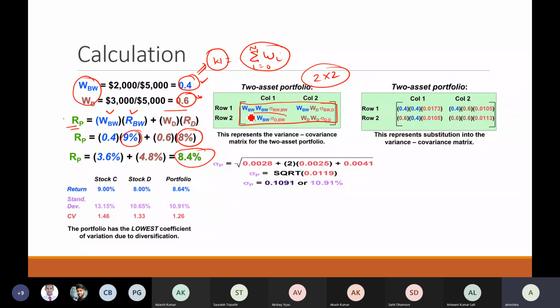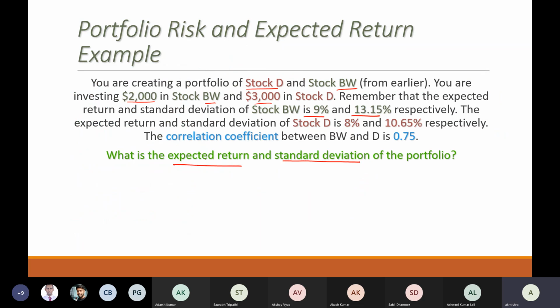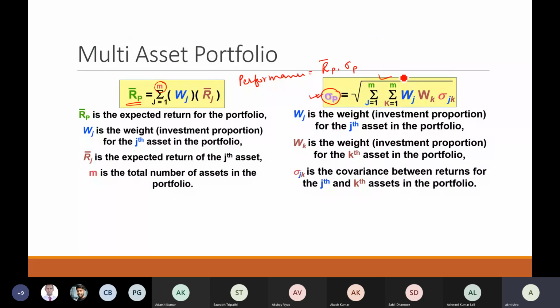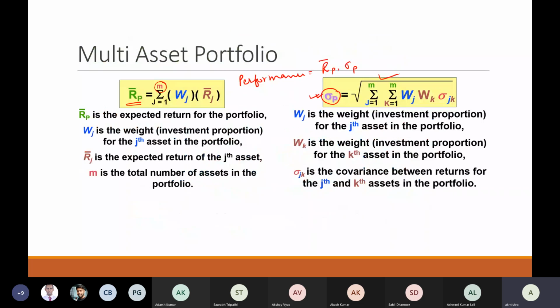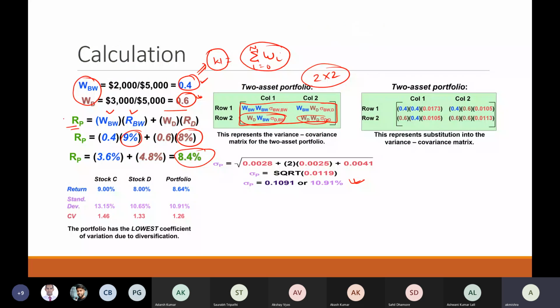These two are going to be one component, and these two. So this is how you calculate your portfolio risk. So this is basically a simple application of these terms, here it is 3 assets, and we have 2 assets here.